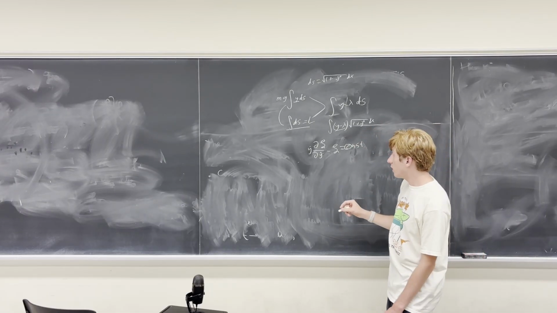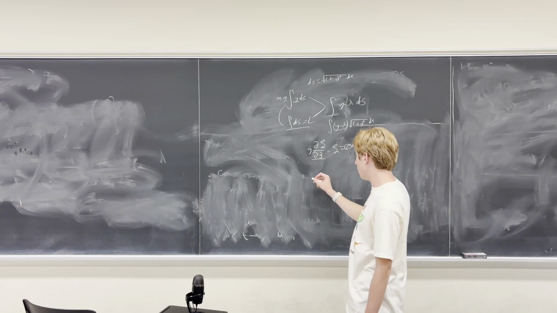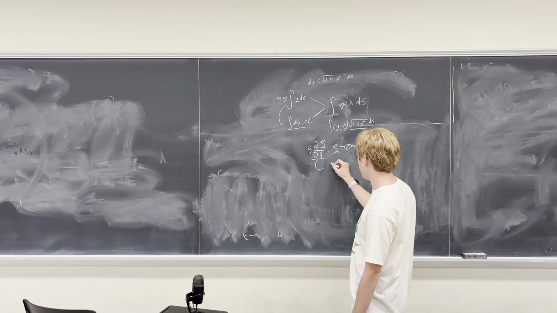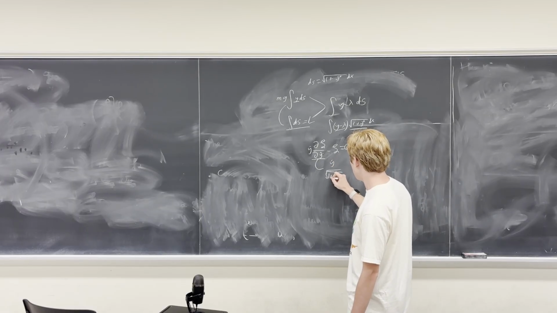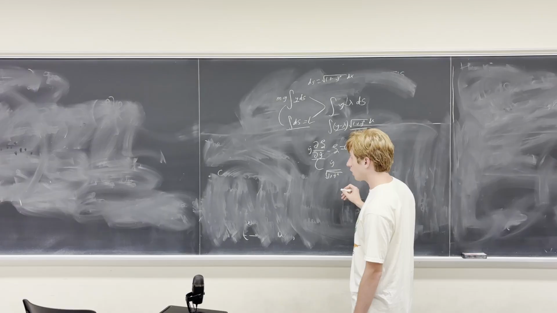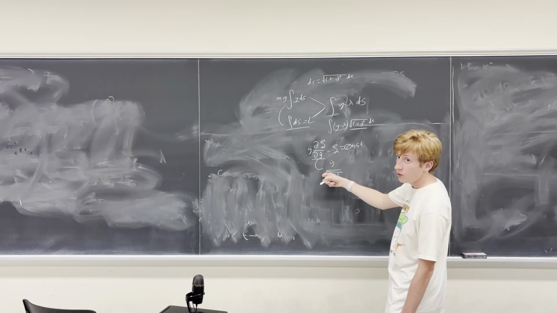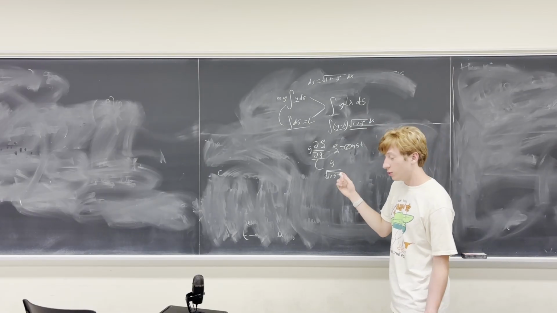So using this, all we have to do is compute this, which isn't too bad at all. If we differentiate, we end up with y dot over the square root of 1 plus y dot squared, where the 2 in the denominator is canceled by the chain rule of the 2 in the exponent.